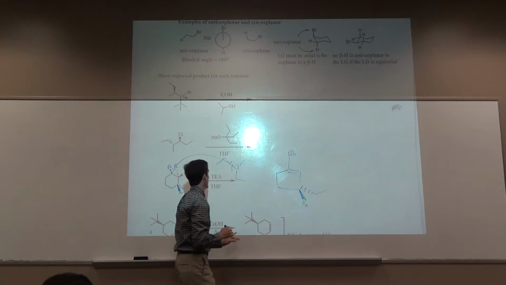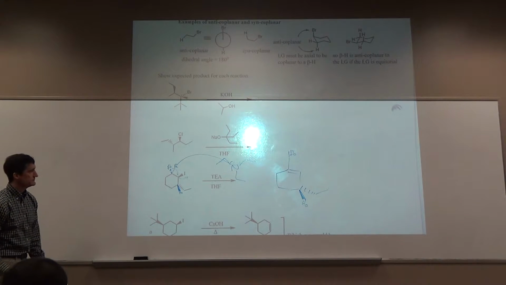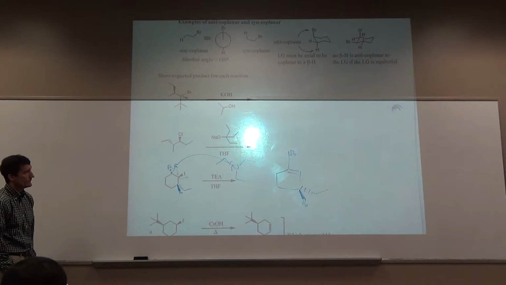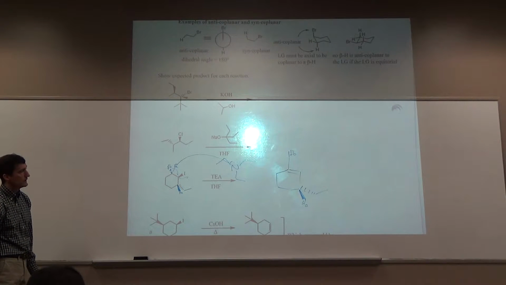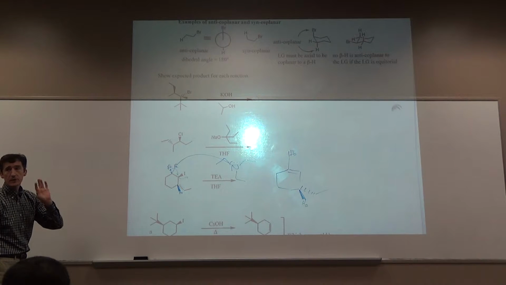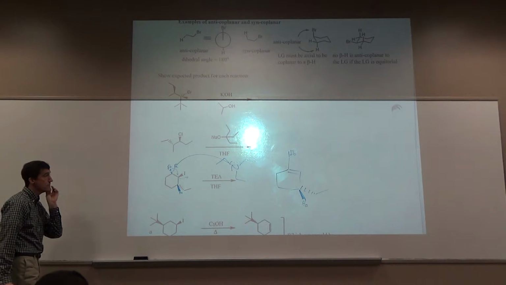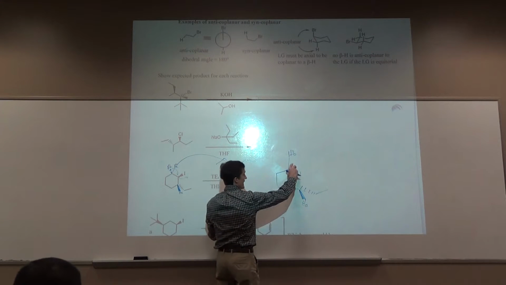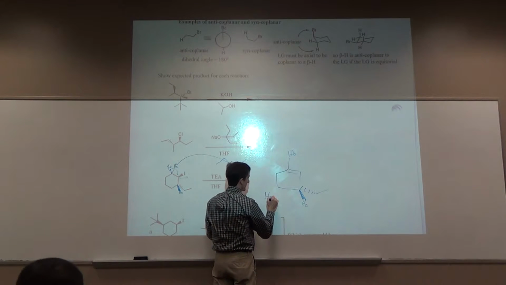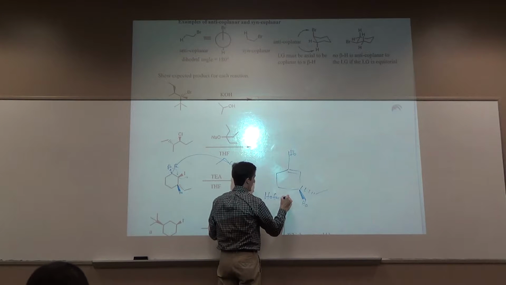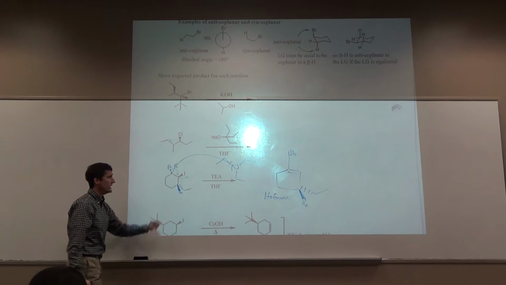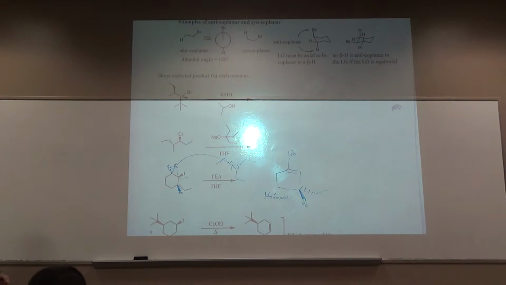HA. HC is abstracted. And there's your product. And that's just a disubstituted alkene. This is the Hofmann product. It's the product because there's only one H that can be anti-periplanar.